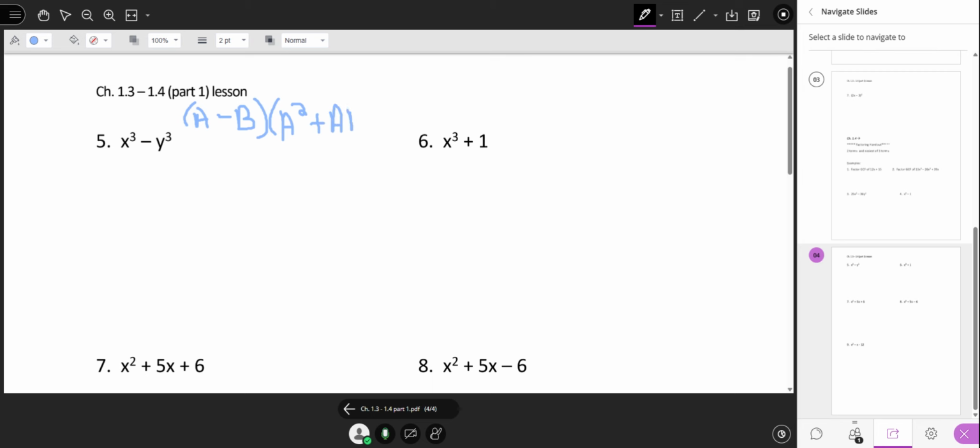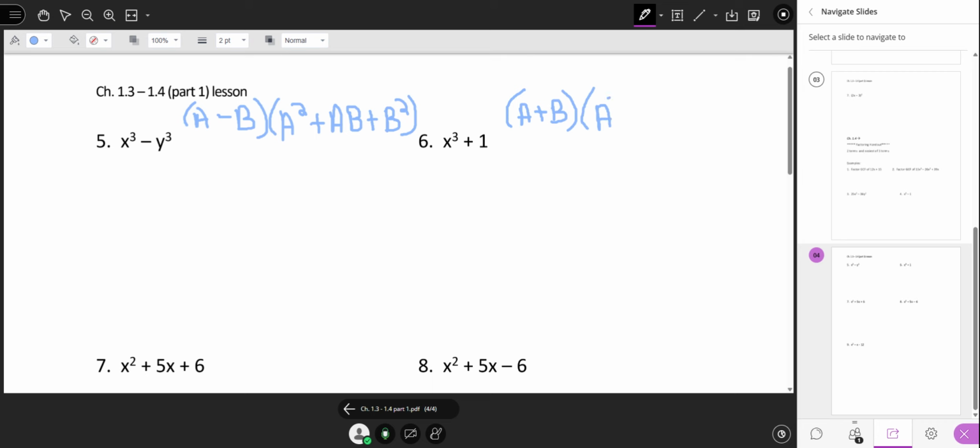Writing it is a pain in the butt, but it helps you. The more you write it, the more sense it makes. a plus b is the same formula as I just wrote. I just changed two signs.